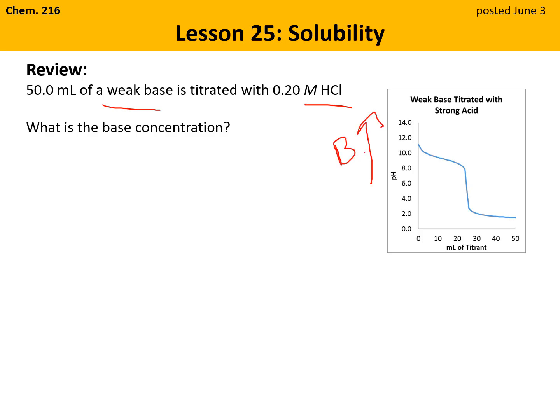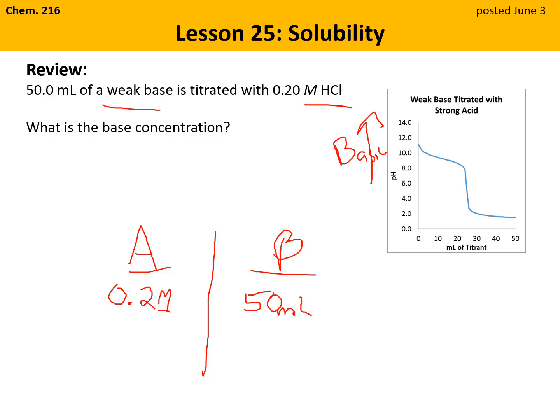This is basic conditions. And so we do this titration, we get this pH curve, and we're asked, what is the base concentration? So what I always say is, what do I know about my acid? What do I know about my base? For my acid, that's the HCl, I have 0.2 molar. For my base, I know it's 50 mLs.